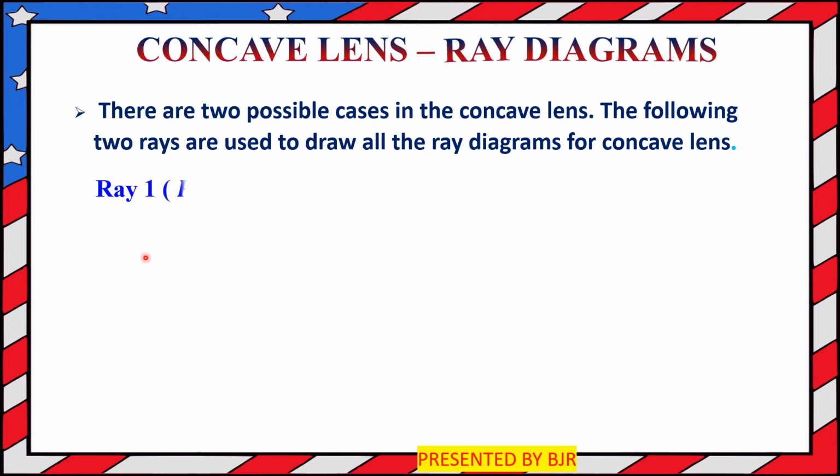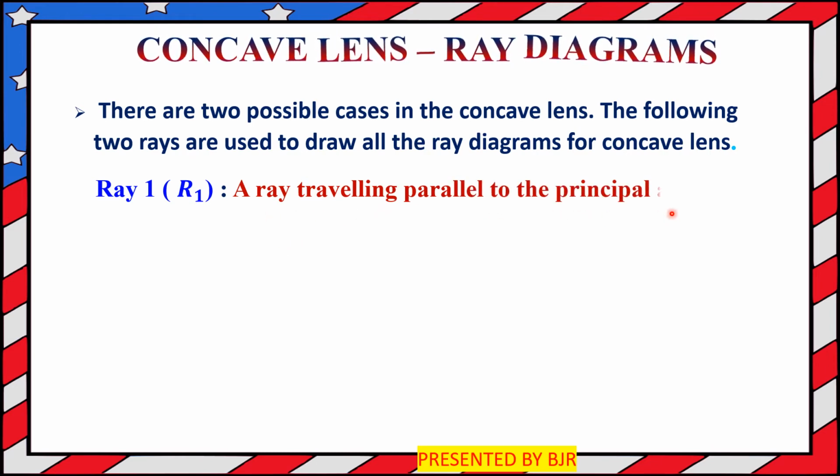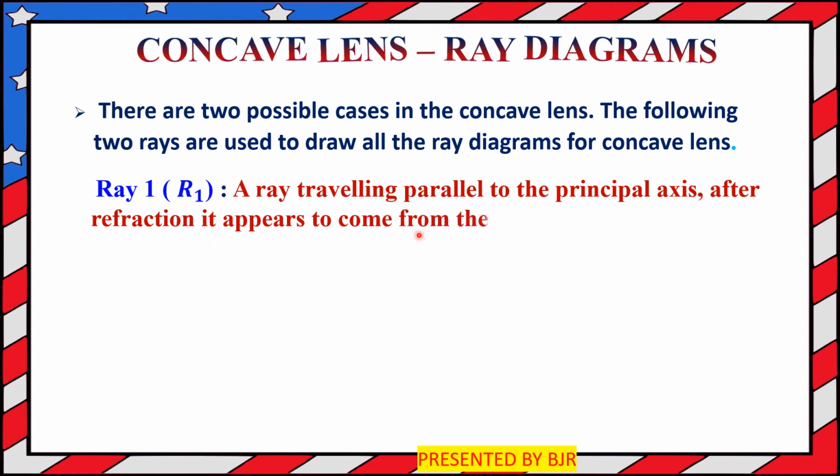Here is ray 1. A ray traveling parallel to the principal axis, after refraction, appears to come from the focus on the same side of the lens.